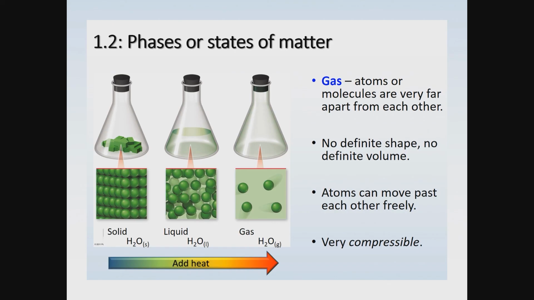Now, one other state or phase of matter, which I'm not going to talk a lot about, but I should make mention of, is the plasma state. In the plasma state, you might have gas molecules that get to a very high temperature, say a temperature found in the interior of the sun. The temperature is so high that electrons tend to be stripped off the atoms.